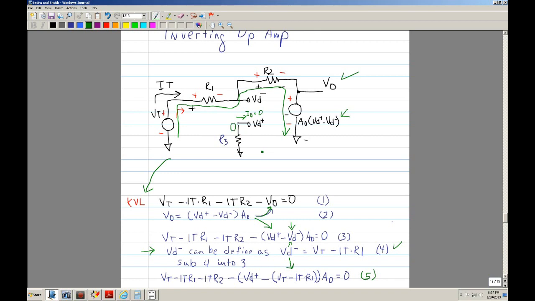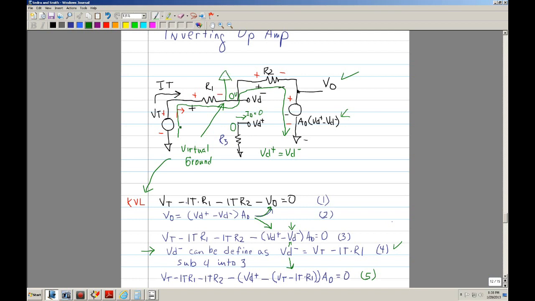Then we made the statement that if VD plus and VD minus are equal, this is 0 volts. And we even said that this is called virtual ground. Basically, you can treat it as ground.